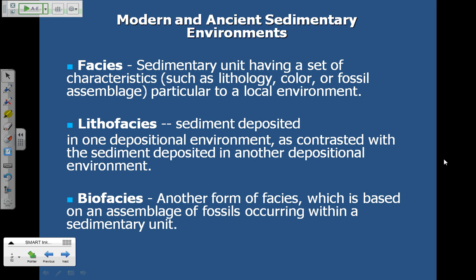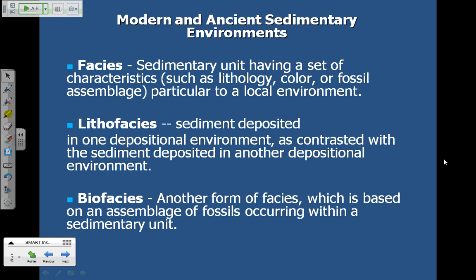So, some introductory stuff here, which we've already talked about a little bit. Remember our lithofacies and our biofacies. These are just different forms of the concept of facies, which is a sedimentary unit having a set of characteristics in common and particular to a local environment.